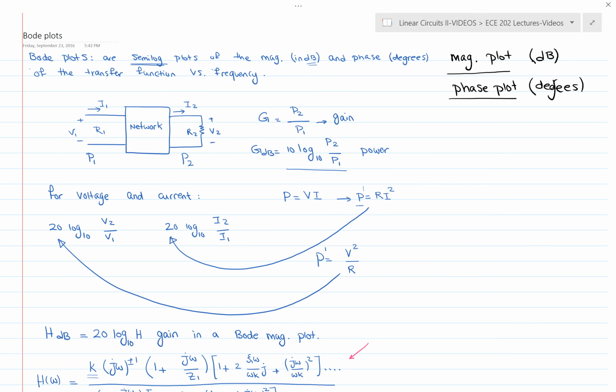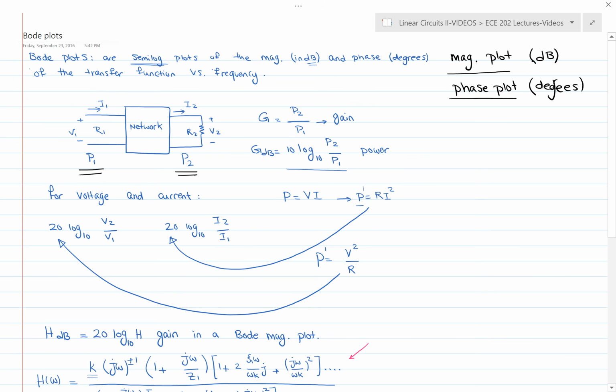So basically, if we have a system like this here, we're going to have some input and some output. At the input side, we have V1, I1, and some R1, and the same in the output, we have V2, I2, and R2. And clearly we know that the power at the input will be P1 and power at the output is P2.